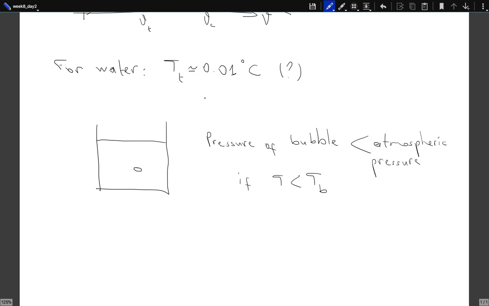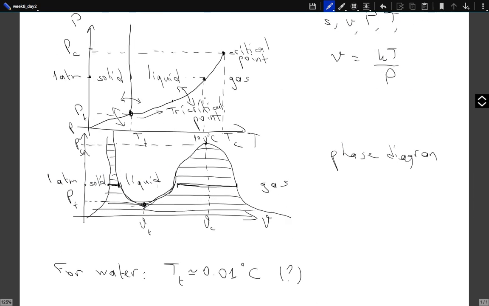It just starts moving to the top, expands, and so you have all these bubbles forming. You see, that's also why the boiling point changes with pressure. If you go to a region where the pressure is higher than 1 atmosphere, you should reach this temperature for boiling to start.